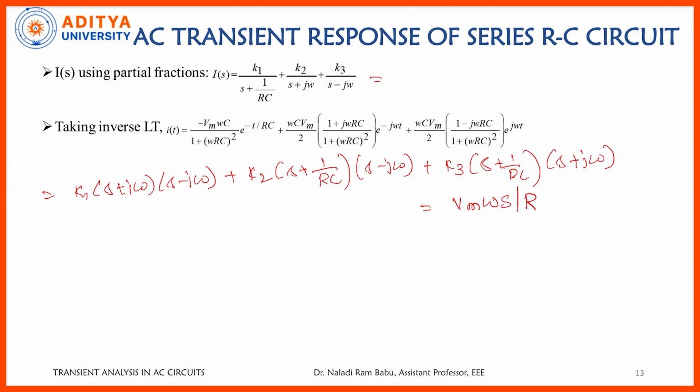If I simplify this further, in order to take the s square terms separately, the s1 terms separately, and the s to the power 0 terms separately, we use the method of comparing coefficients.